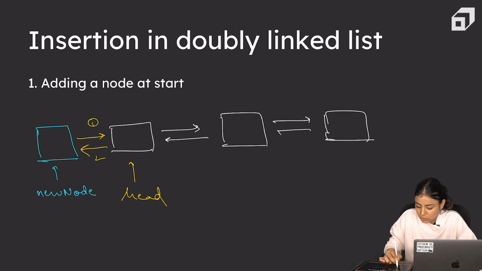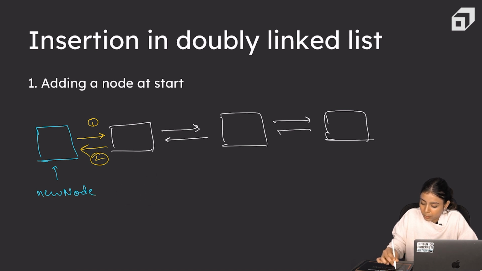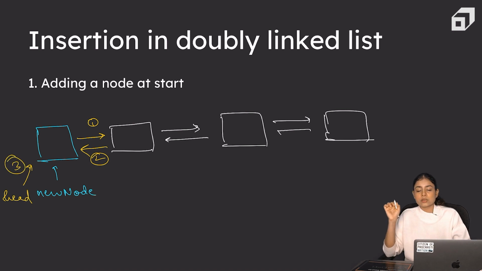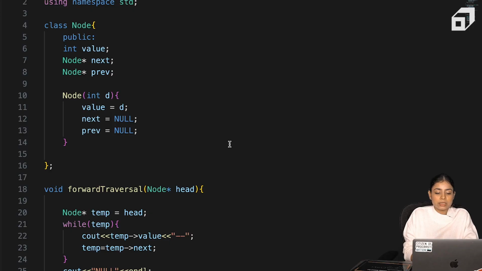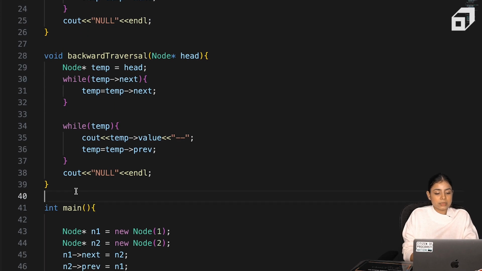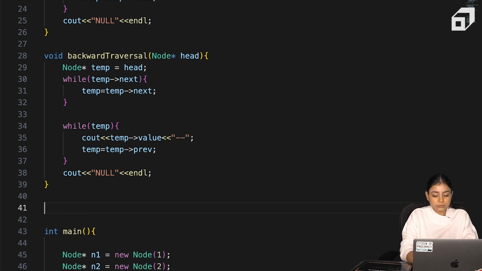These are two steps, and the third step would be to move my head pointer to my new node. So three things that I need to do to add a node at the start of my doubly linked list, and the time complexity here would be O of 1, constant time complexity, because we're not traversing our linked list. So let's write the code for this.